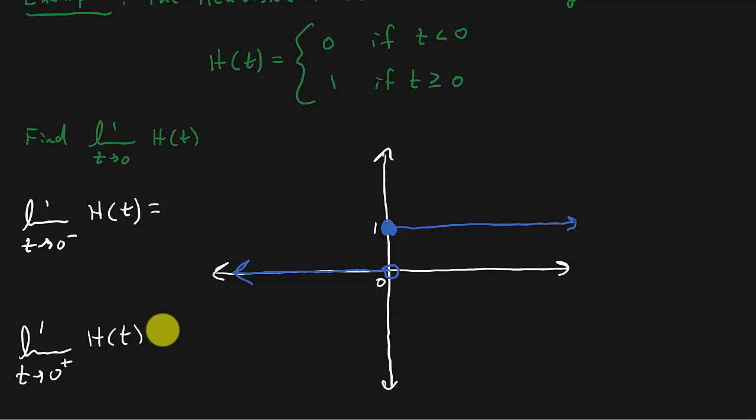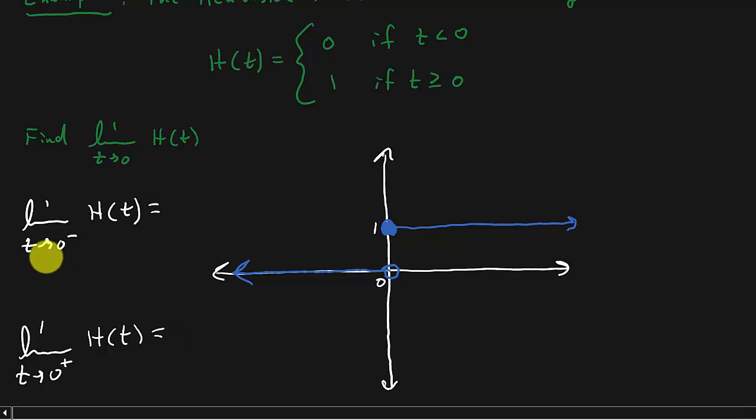So let's look at these. If I take the limit as t approaches 0 from the left, so I'm coming in from the left-hand side, and t is getting closer and closer to 0, well, what's my y value? It's approaching 0 also, right? So we would say this is 0. And then as I'm coming in to t from the right-hand side, what is my y value approaching?